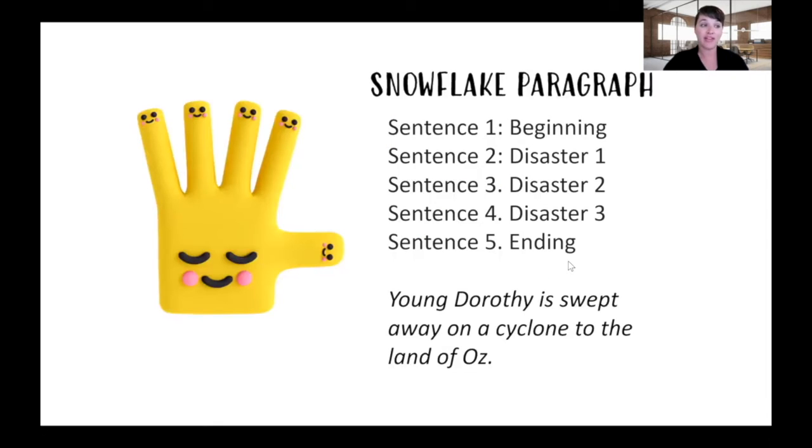Aim for your paragraph to be 5 sentences long, with the first disaster coming from an external source and the next 2 coming from internal sources. Your character is trying to make things better, but circumstances just keep getting worse. Here's an example of sentence 1. Young Dorothy is swept away on a cyclone to the land of Oz.